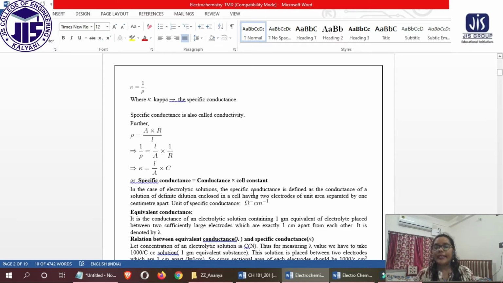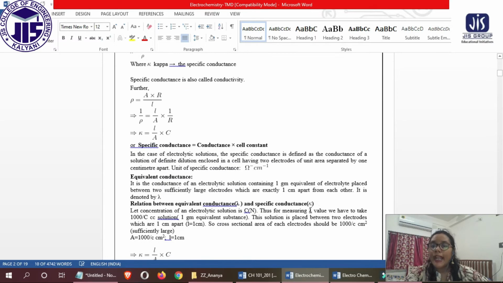In the case of an electrolytic solution, the specific conductance is defined as the conductance of a solution of definite dilution enclosed in a cell having 2 electrodes of unit area separated by 1 centimeter, and the unit of specific conductance is ohm inverse centimeter inverse.